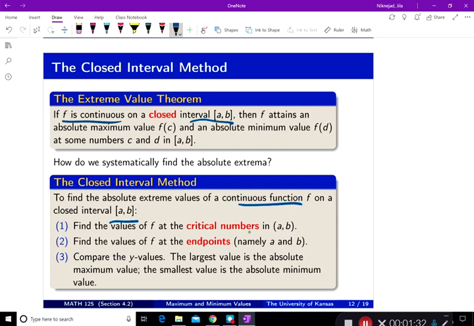First, you find the critical numbers in a and b. Then you evaluate f at those critical numbers. Then you evaluate f at the endpoints, namely a and b here. Then you compare: whichever is the biggest is the absolute max, whichever is the smallest is the absolute min.